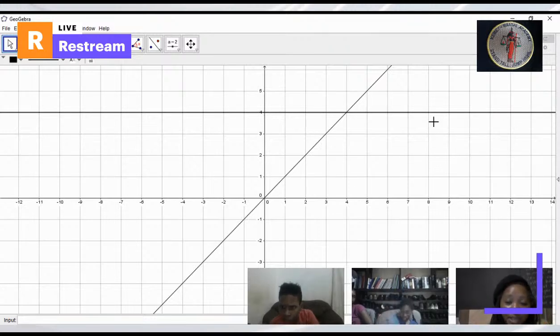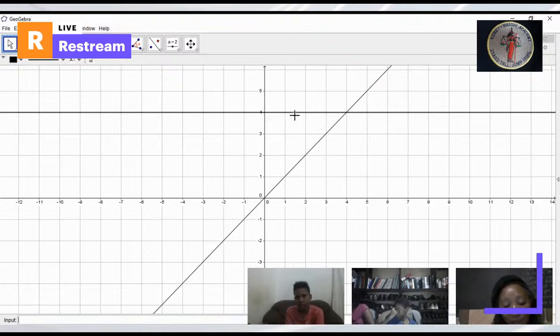Now, it's a straight horizontal line, and at this point here, x is 0, so it would be (0, 4). So the line y = 4 is parallel to the x-axis. x is equal to 0 and y is 4.